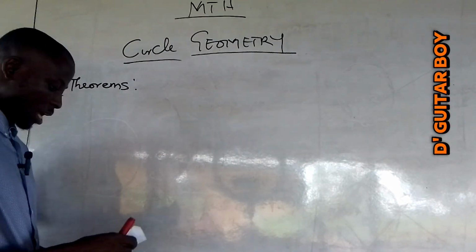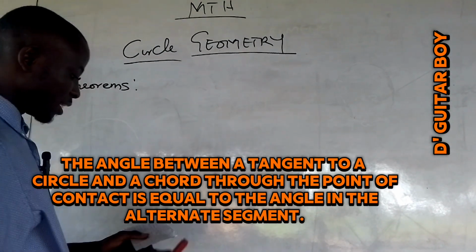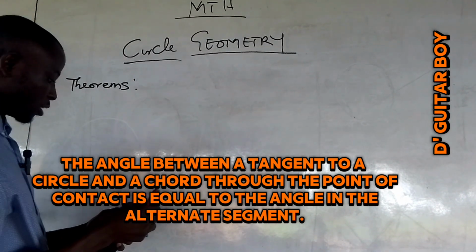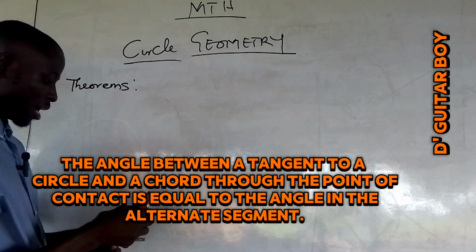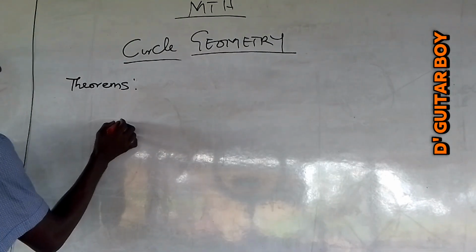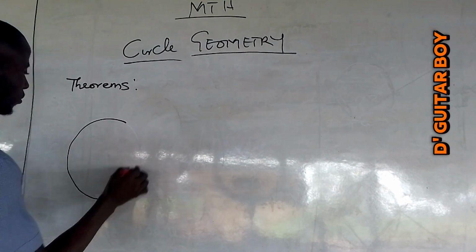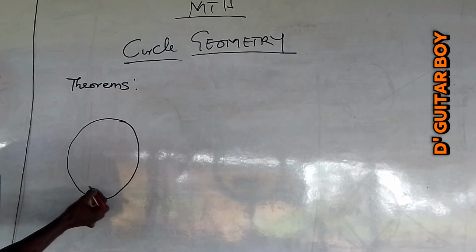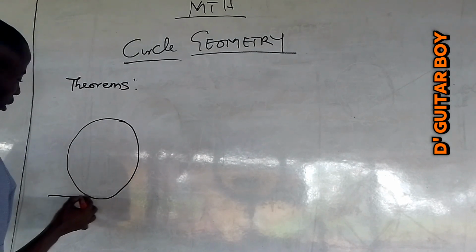The next theorem says that the angle between a tangent to a circle and a chord through the point of contact is equal to the angle in the alternate segment. Look at what this one means. Let's say you have a circle, and you have, let me say, a tangent.